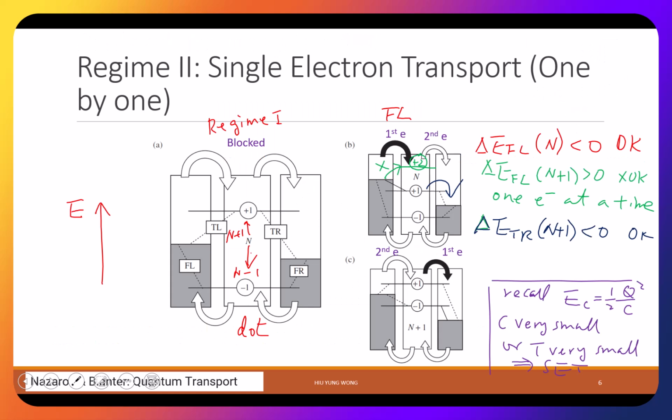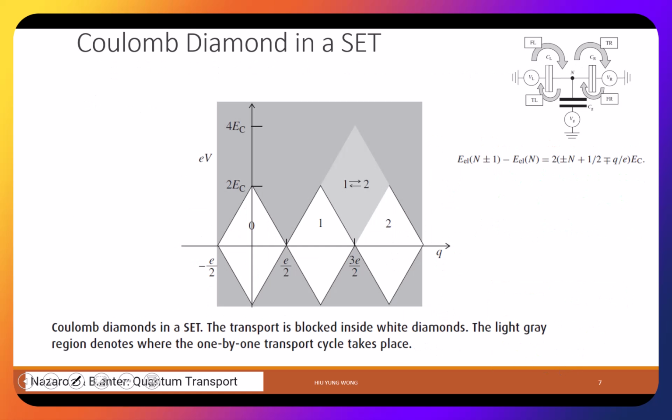Okay, so then I want to talk about this Coulomb diamond, which you need to do in your assignment. So we are going to simplify the process. I gave this to you earlier in the previous slide. I did not derive it, I just copied it. But what is that about?